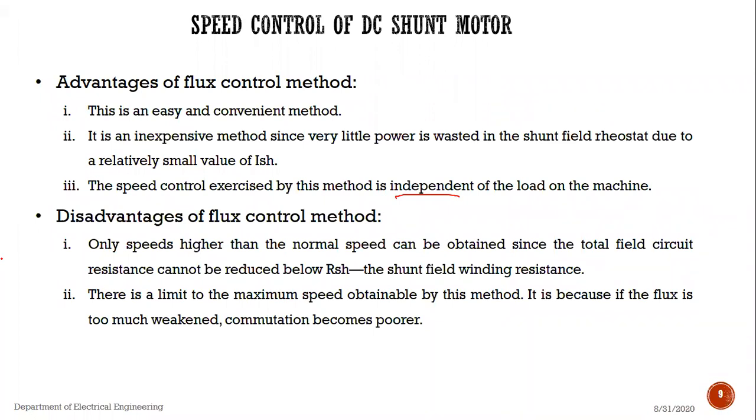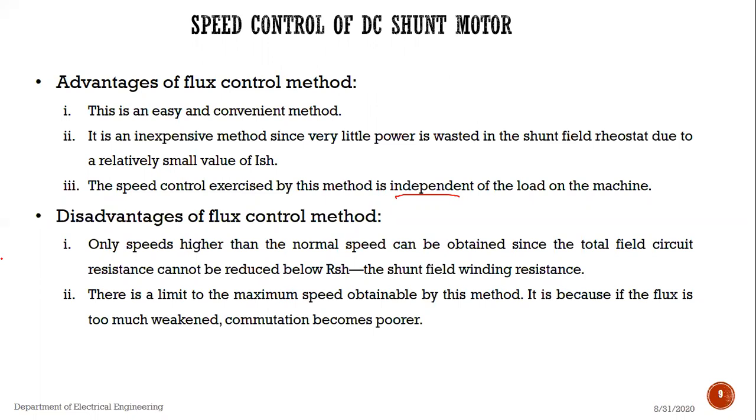Means what? Whenever we want to achieve the maximum speed which can be obtained by this method, there is a limitation. Why? Because of the instability. And it is because if the flux is too much weakened, you know that if the flux is very poor, then there is poor commutation. Okay, poor commutation.